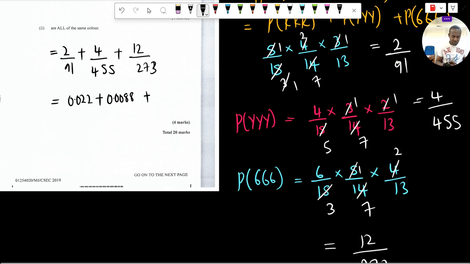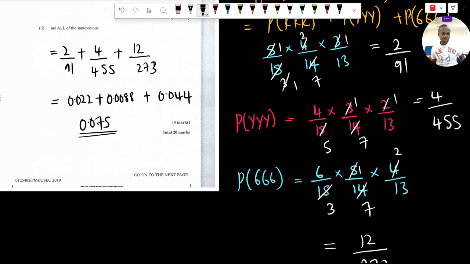And then 12 over 273. 12 divided by 273 is 0.044. And when you add those up, 0.044 plus 0.0088 plus 0.022, approximately 0.075. So therefore, the probability of getting 3 apples of the same color is equal to 0.075.